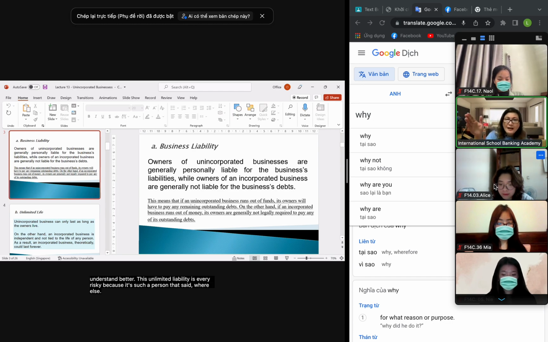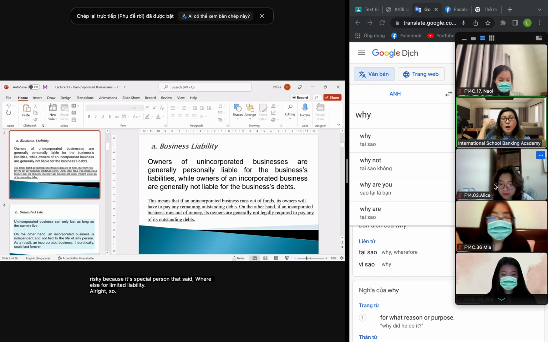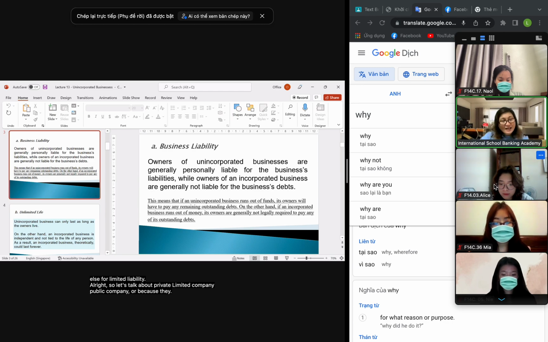Whereas for limited liability, we're talking about private limited company or public limited company, because they are incorporated businesses. The investors, the shareholders, only lose whatever they have invested into the company if the company has no money to pay the suppliers, the creditors. The creditors cannot sue the shareholders.